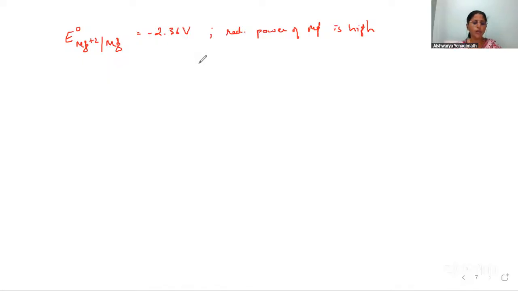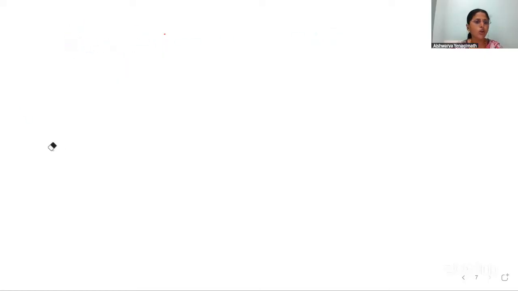If you want, you can consider one more example where we will be measuring the electrode potential of copper using SHE.